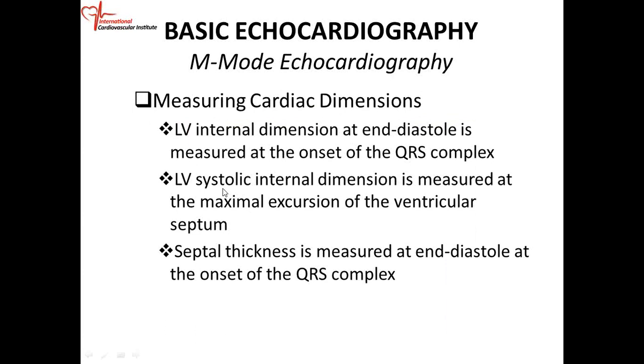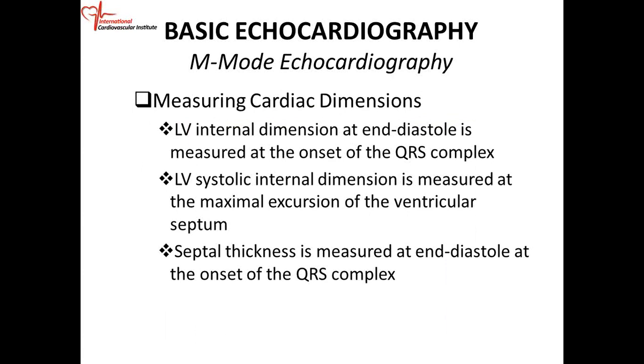LV in systole is the internal dimension measured at the maximal excursion of the ventricular septum. So when the septum moves as close to the posterior wall as possible, you're going to drop a perpendicular from that to the posterior wall, and that's the LV systolic internal dimension.